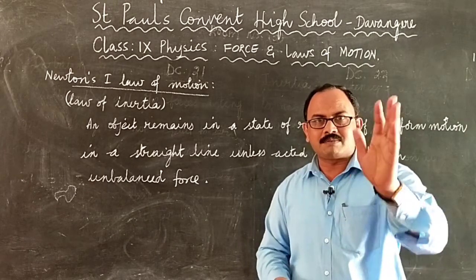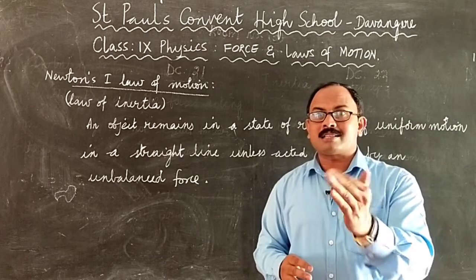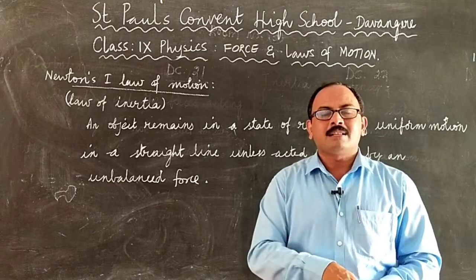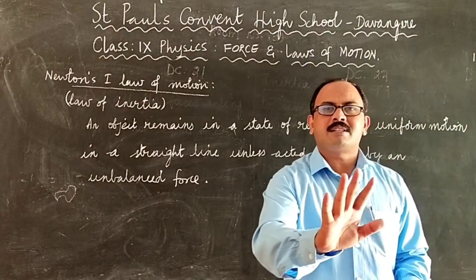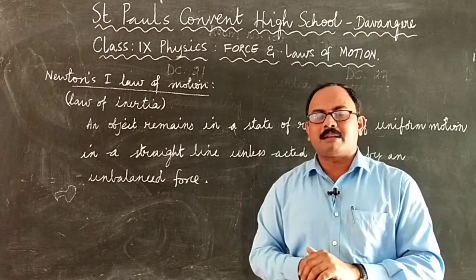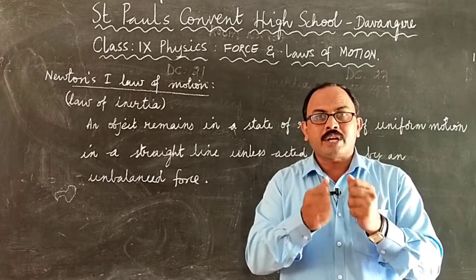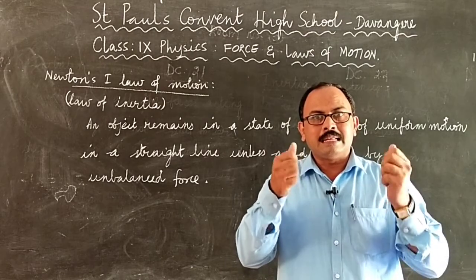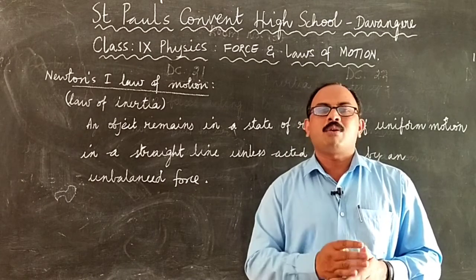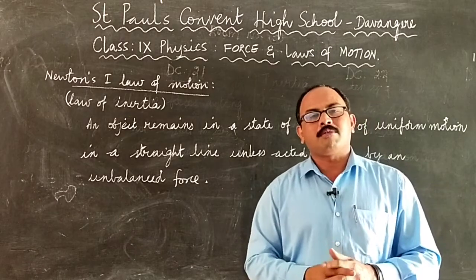When the car travels with a particular speed, we too are traveling at that speed, but the car has come to rest, while we continue to travel at the speed, therefore we tend to fall forward. Then the third example can be taken. When a branch of a tree is shaken with a force, the leaves tend to fall. These are all examples of Newton's first law of motion.